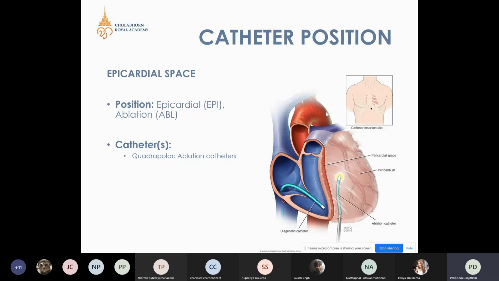So the doctor will do the epicardial approach by puncture at the subxiphoid process in order to access the pericardial space.